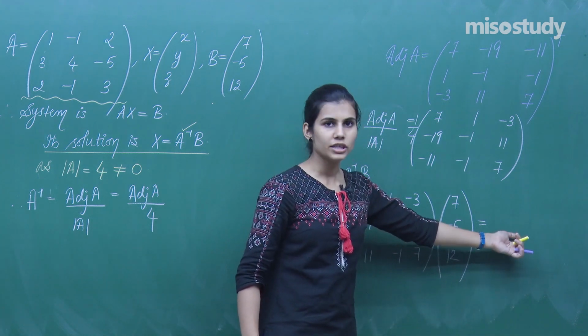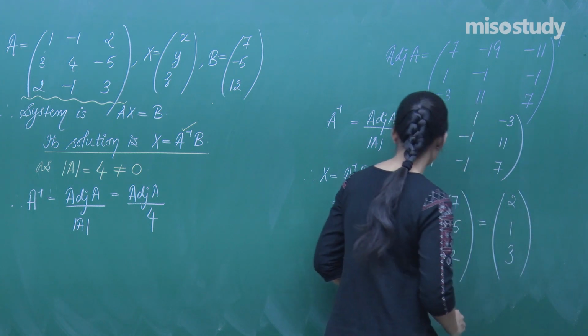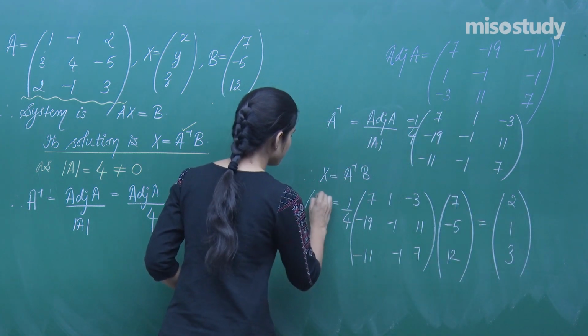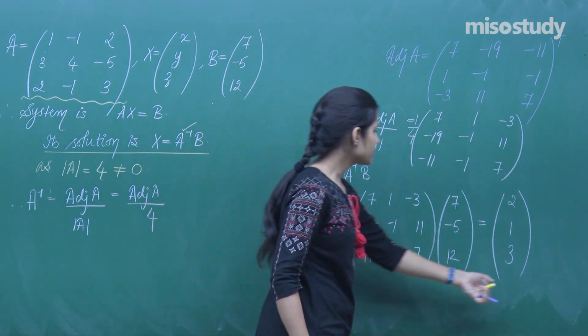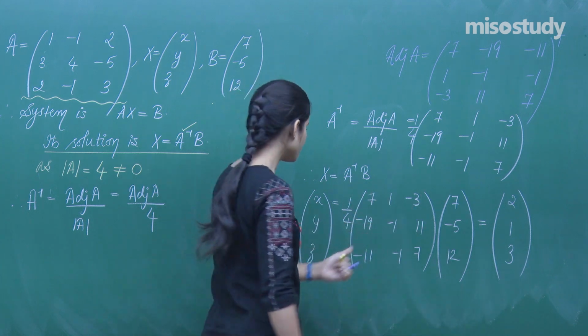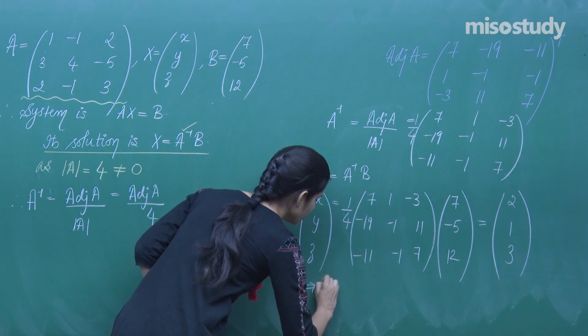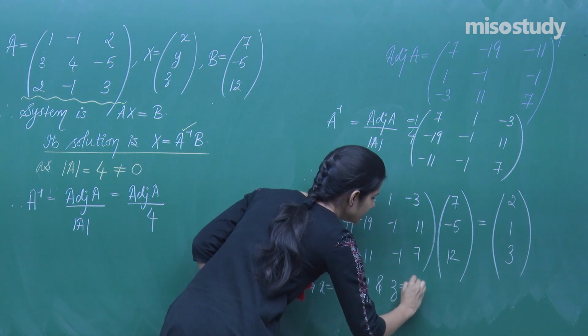So you will be getting a 3 cross 1 matrix, and that would be coming out to be 2, 1, 3. If capital X is this, that means capital X was nothing but X, Y, Z. This is a 3 cross 1 matrix and that is a 3 cross 1 matrix, both are equal, of the same order, that means their corresponding entries are the same. So this implies X is 2, Y is 1, and Z is 3.